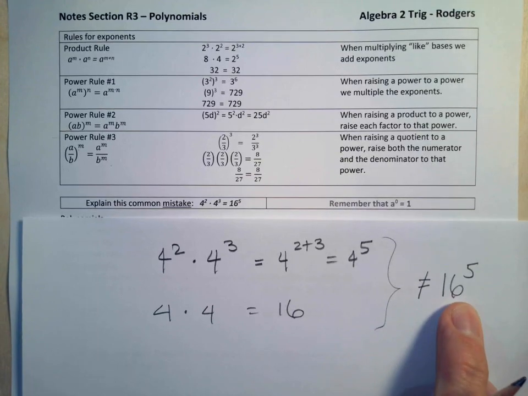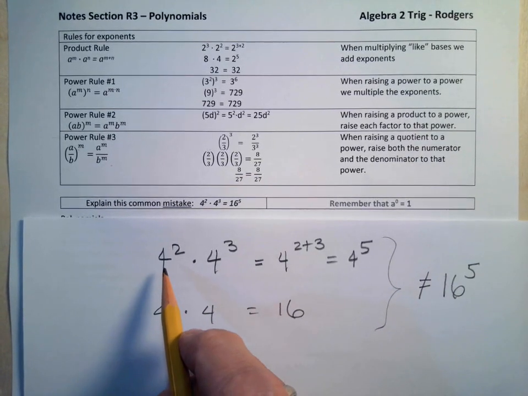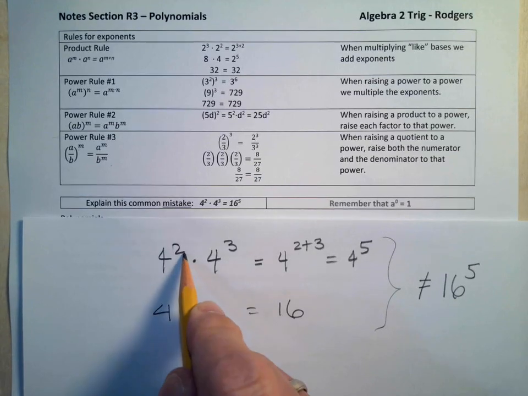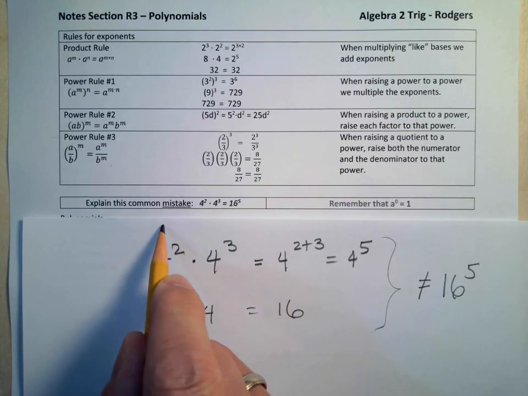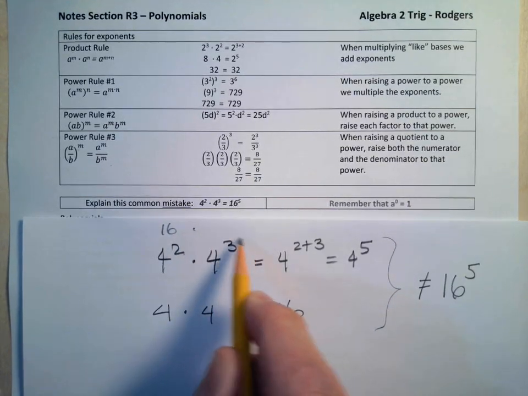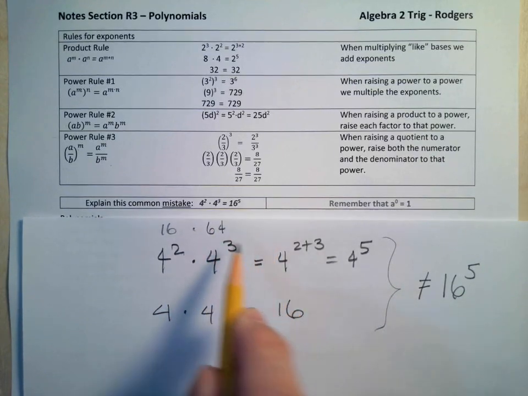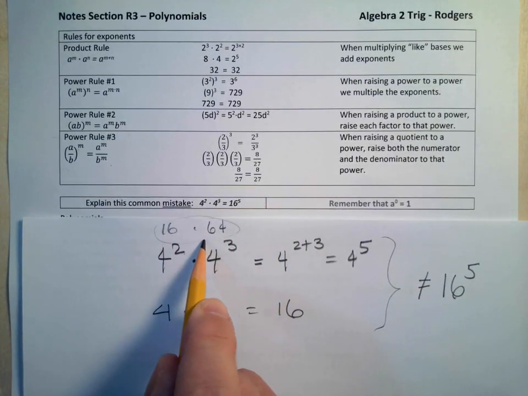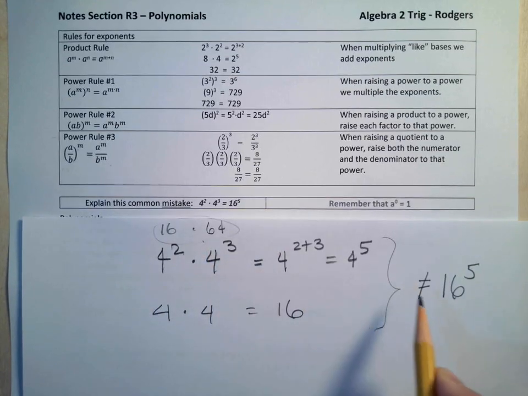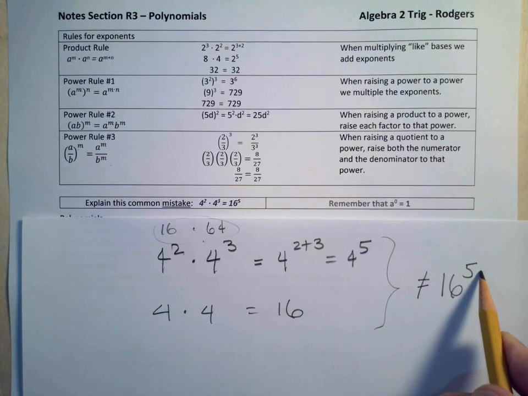Way too big. If you took 16 and raised it to the 5th power, that's a huge number. If you think here, 4 to the 2nd, that's 16. 4 to the 3rd, that's 64. Multiplying these two things together is not nearly as large as 16 raised to the 5th, right?